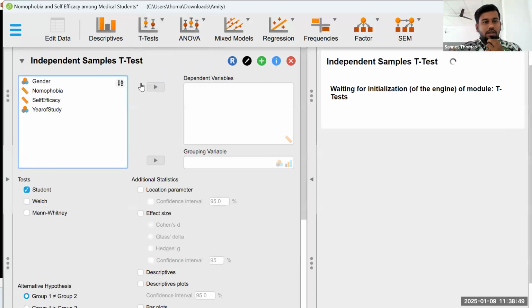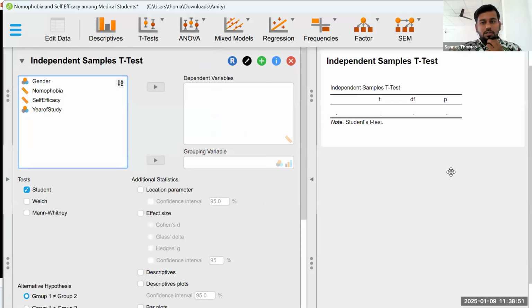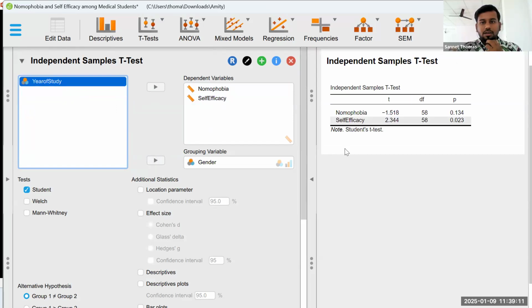If you click on it, it will come here, especially if you want to know about the nomophobia and self-efficacy differences. We have to put these dependent variables in this section. Then if you want to find out the gender differences, put gender under the grouping variable category.